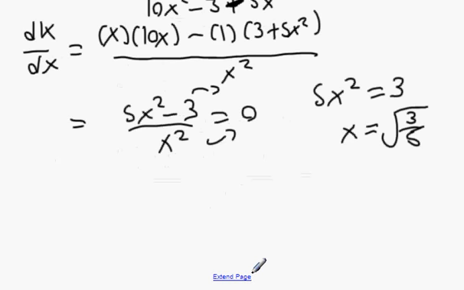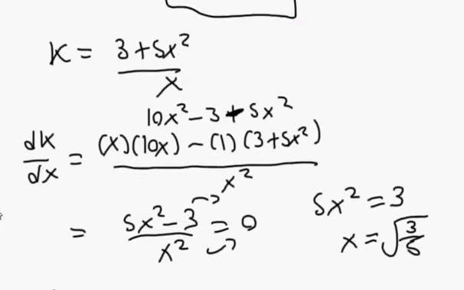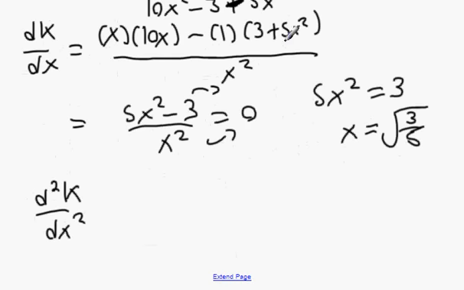Finally, what we're doing after this is the second derivative. The second derivative is going to be d2k dx squared. And here u is going to be 5x squared minus 3. V equals x squared.